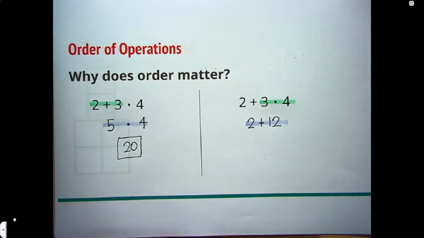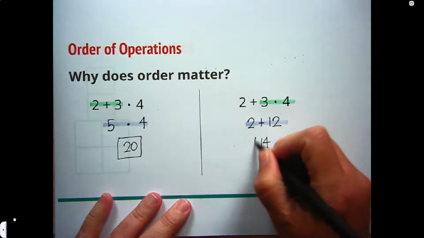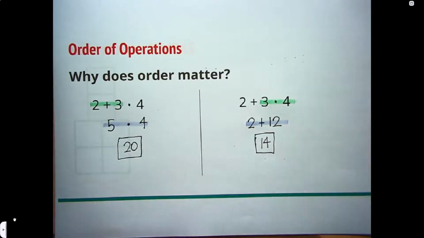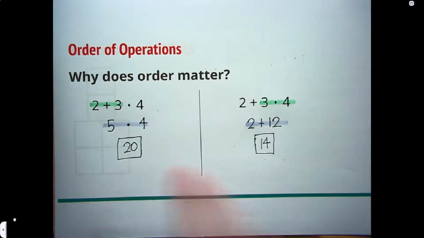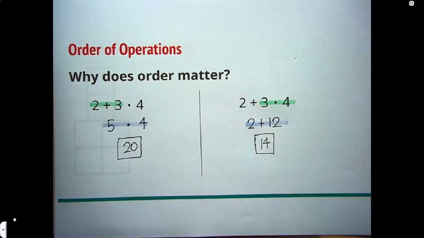So if I do that, I'm going to get 14. So we see here why order matters. I started with the exact same problem. The only thing that I changed was the order that I did the two operations in. I added first and then multiplied the first time and got 20 as my answer. And then I multiplied first and then added and got 14 as my answer.